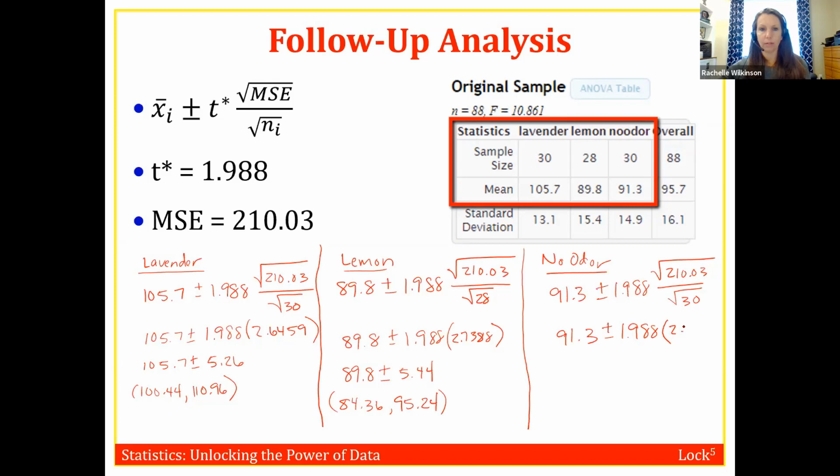I end up with the square root of 210.03 divided by the square root of 30 being 2.6459. So I get a margin of error of 5.26. So the margin of error for no odor and lavender is exactly the same. So is that just a happy accident or is that on purpose?